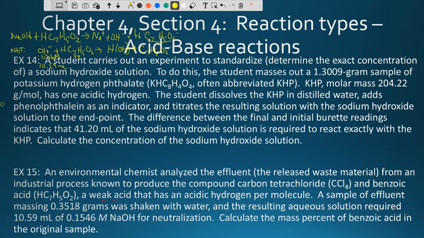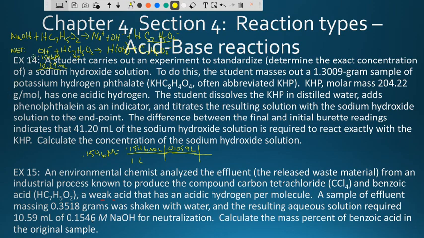So let's go ahead and do the math. I have 0.1546 molar. That equals 0.1546 moles per liter, doesn't it? But I don't have a liter, I have 10.59 milliliters. So that gives me 0.01059 liters. Okay, now that's of my hydroxide.